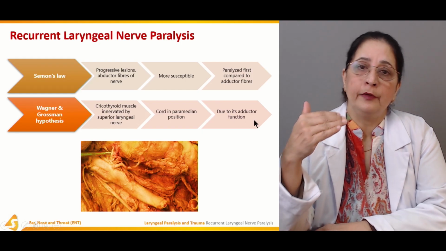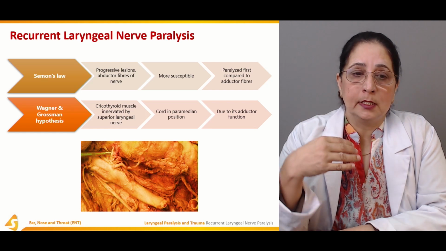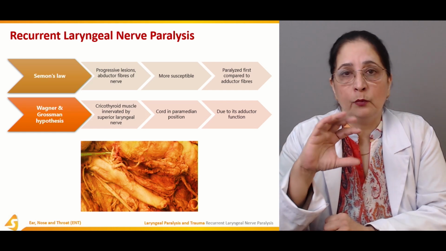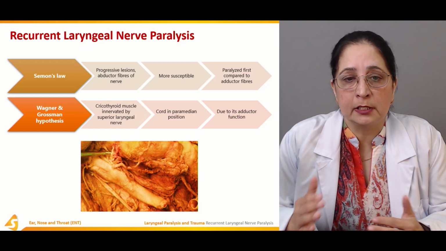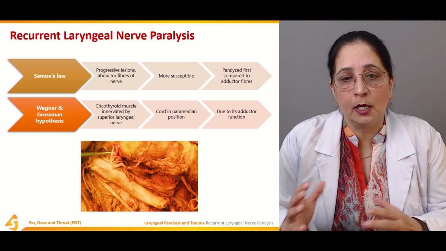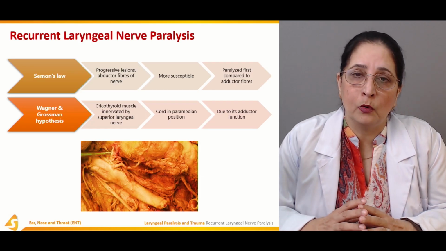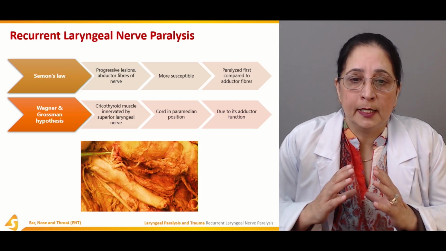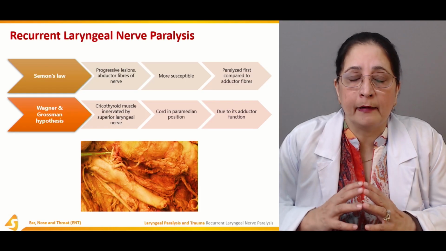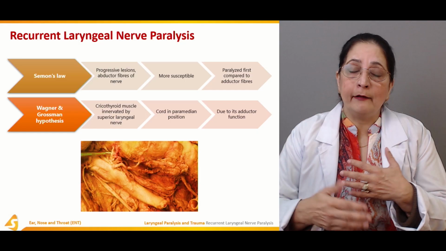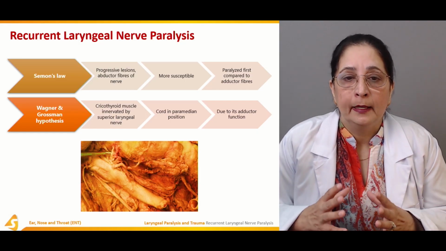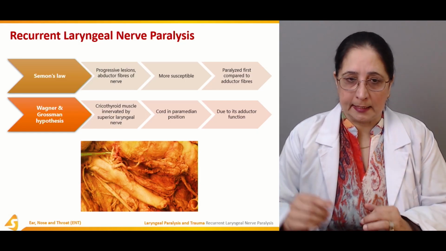So now we know the two hypotheses. In Semon's law, the abductors are affected first. In the second one, the adductors are more affected and there is a cord in the paramedian position. So these are two theories associated with laryngeal paralysis.